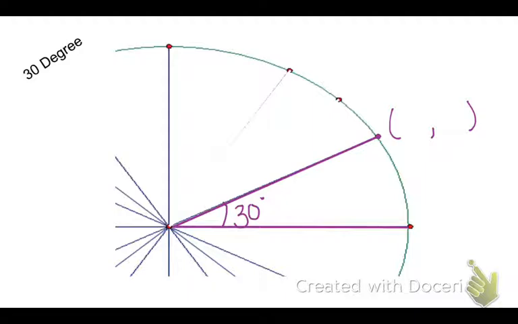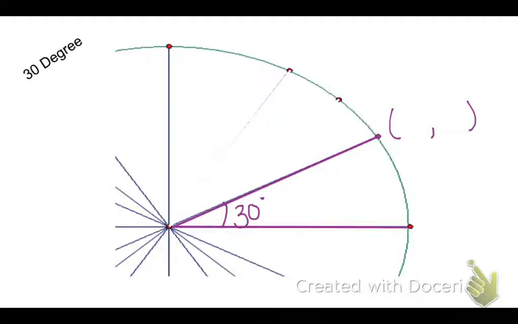Hopefully, 30 degrees reminds you of the special right triangle rules that we have seen in previous math classes. If you do not remember the rules for special right triangles, please refer to the video found on Monday's lesson.